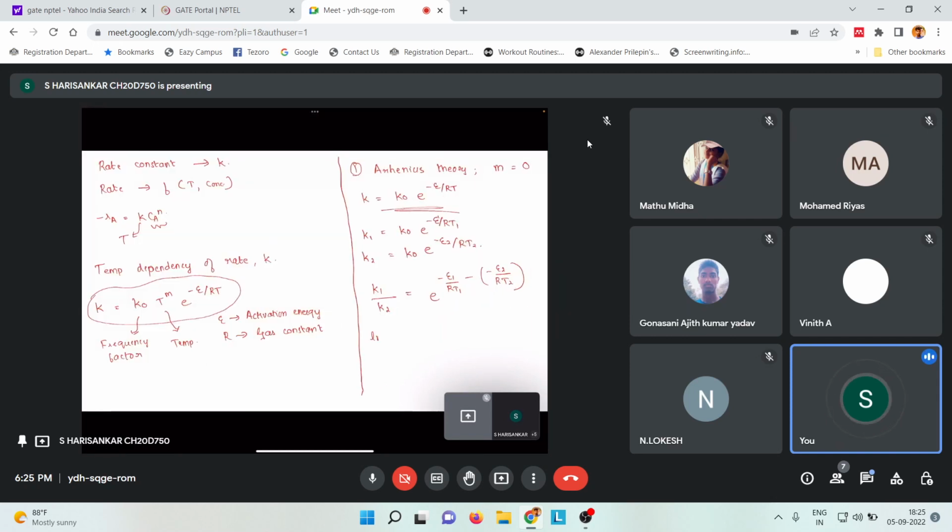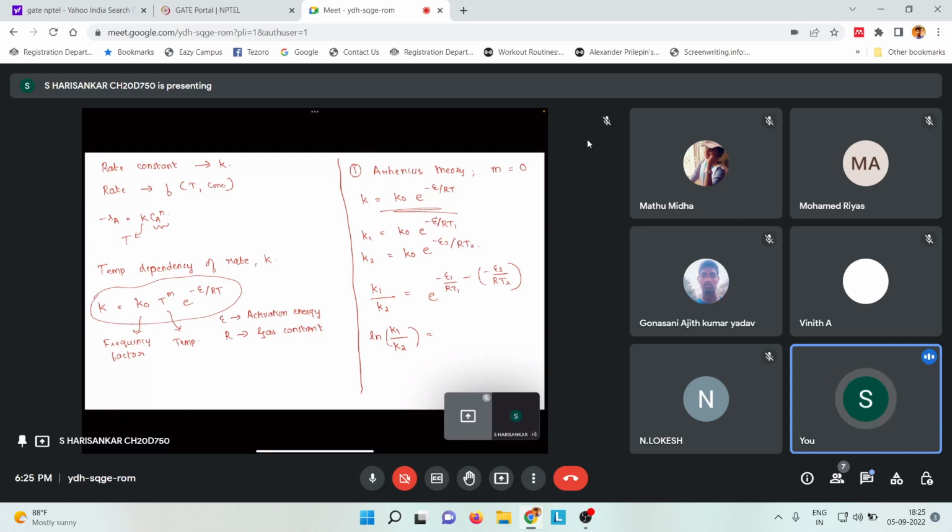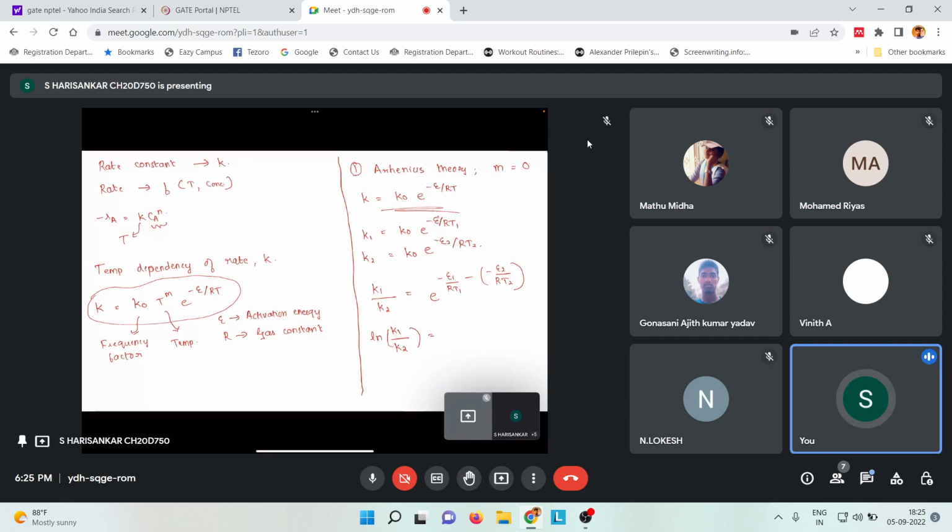So we'll take ln k1 by k2, which will be the ln of these two terms. The ln of an exponential gets cancelled, so the e term and the ln term cancel out. But there is one more thing we need to notice here.